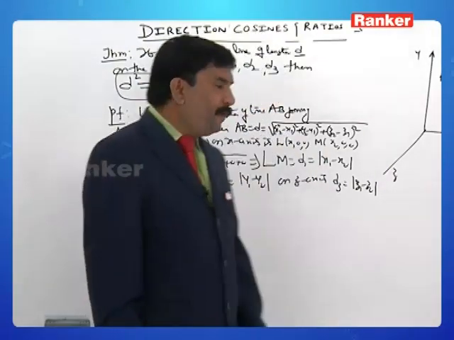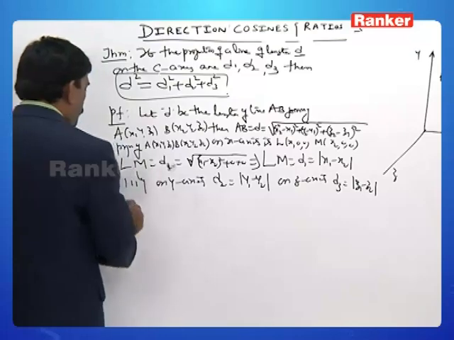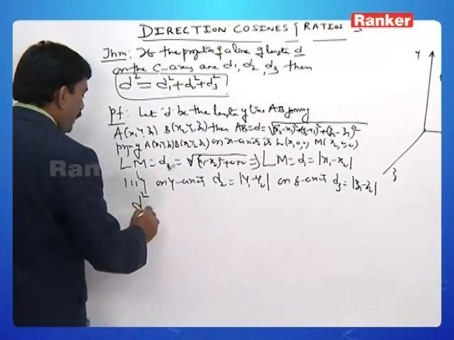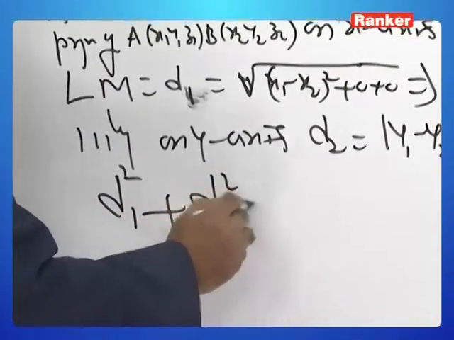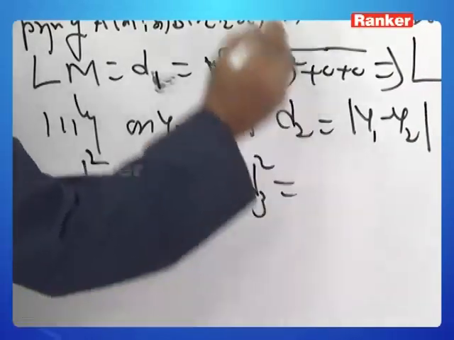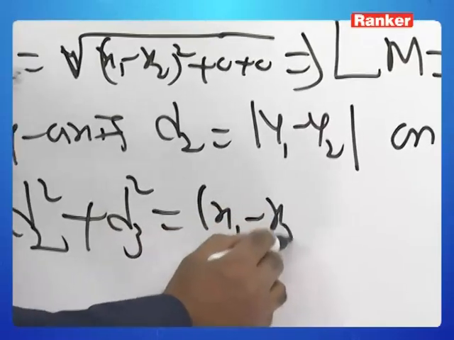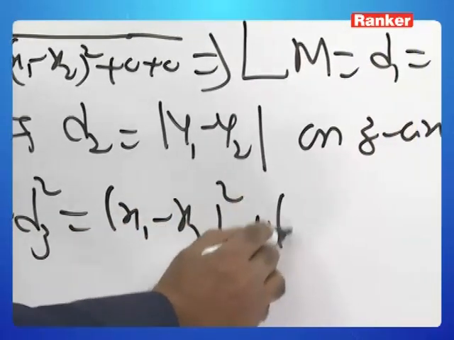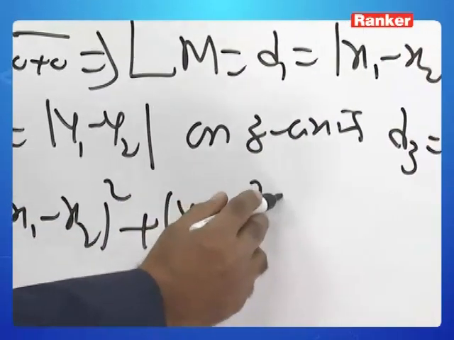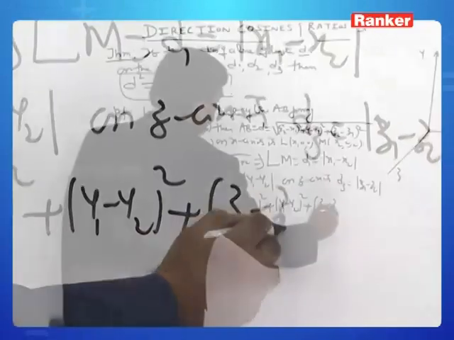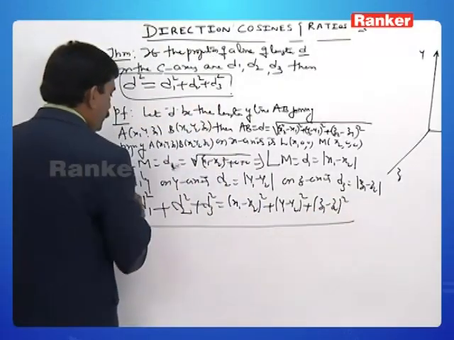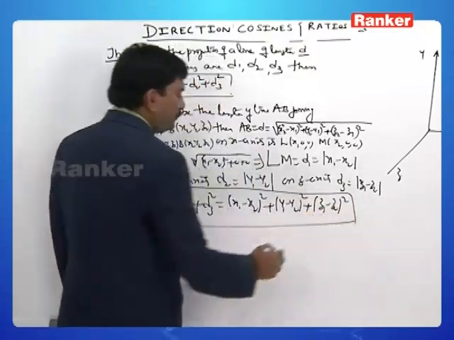Now I want to find out, squaring and adding. d1 square plus d2 square plus d3 square is equal to x1 minus x2 whole square, plus y1 minus y2 whole square, plus z1 minus z2 whole square. Correct?